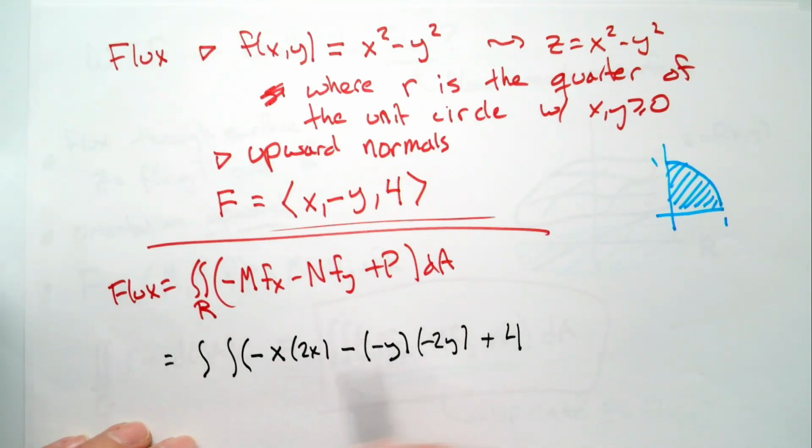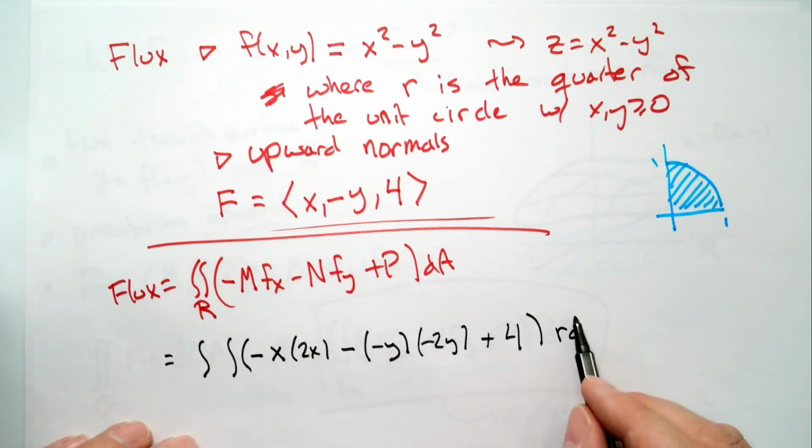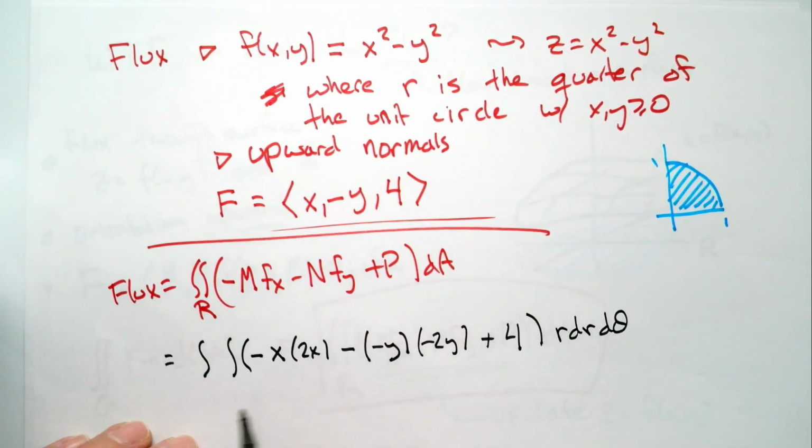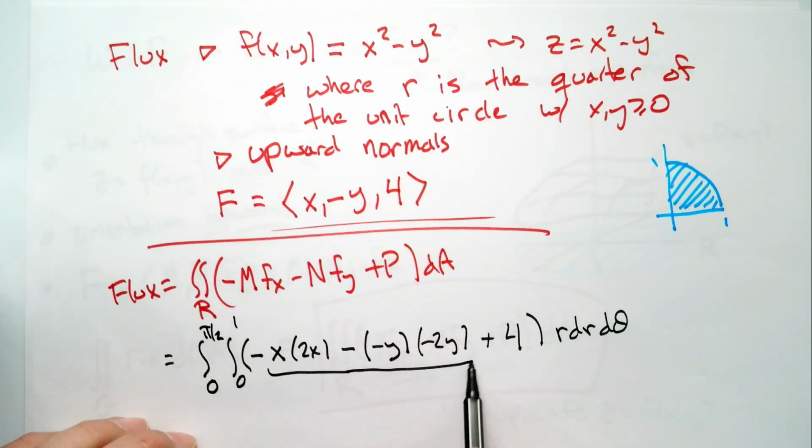And now that's what we're integrating. We're integrating this dA in polar, r dr d theta. And then, okay, we're the unit circle, the first corner. So 0 to pi halves, and r goes 0 to 1. Well, wait, we can't do this yet. We have to switch things. We haven't put this into polar yet.